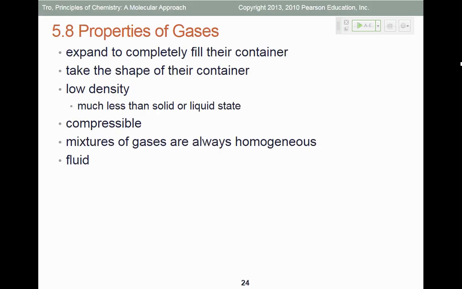So now we're going to spend a little bit of time just talking in general about properties of gases. So remember, gases expand to completely fill their container. They take the shape of their container. They're really low in density. Clearly, you pick up a balloon. Is it heavy? Now, some gases are more dense than others, and we'll talk a little bit about that, but they're pretty low in density compared to a solid.